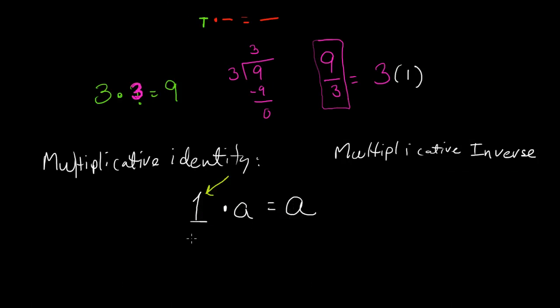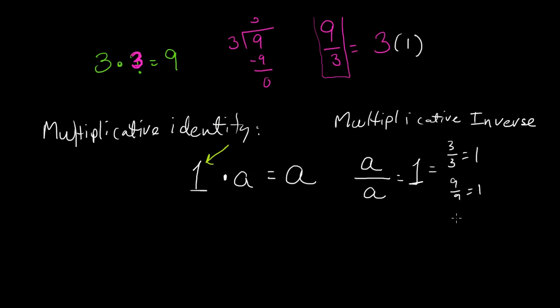So what this implies is if I take the number a and I divide it by a, I will get 1. And essentially any number over itself is 1. 3 over 3 is 1. 9 over 9 is 1. Alright, a smiley face over a smiley face is 1.